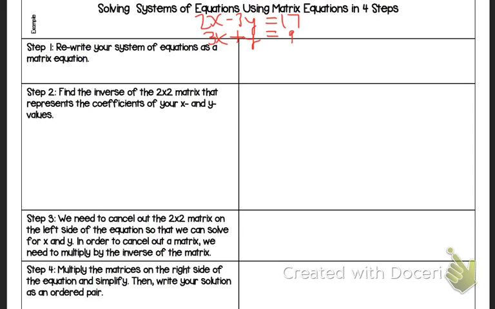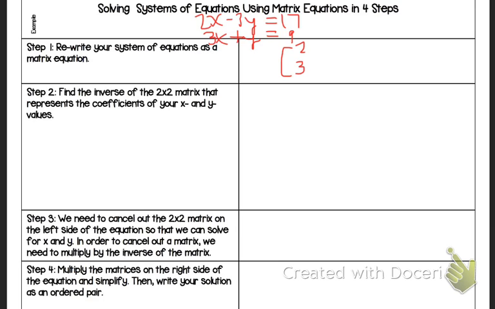Okay, so I have this system of equations, and I'm going to show you how we can use inverse matrices to solve this. So we have 2x minus 3y equals 17, and 3x plus y equals 9. So we're going to rewrite this system as a matrix equation. The first thing you do is write your coefficient matrix, which is just the coefficients of your x's and y's.